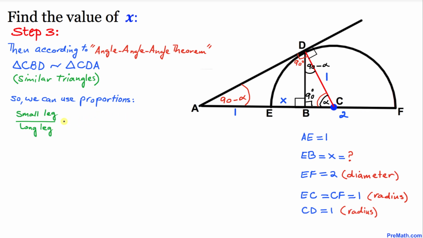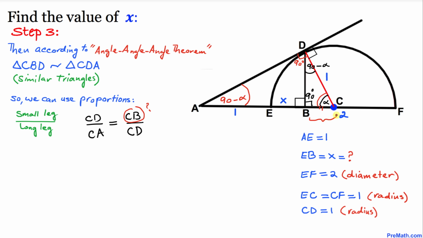We are going to use the ratios of the small leg and the long leg, and that is going to become CD divided by CA equal to CB divided by CD.